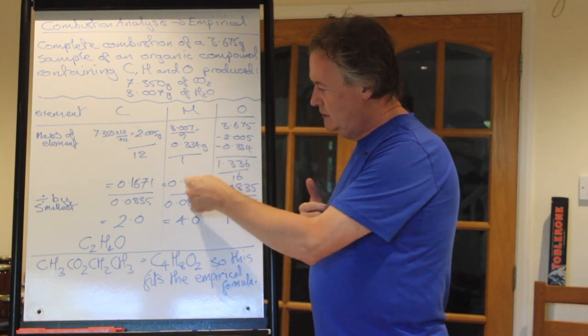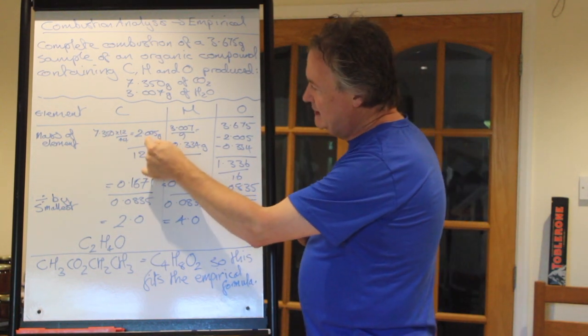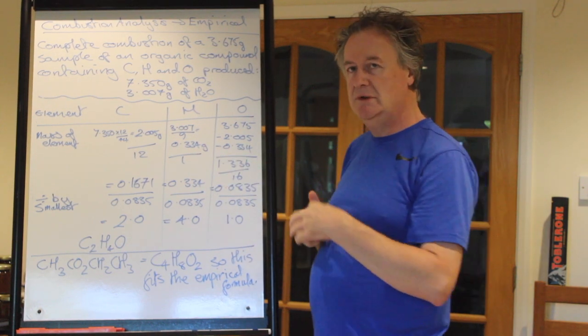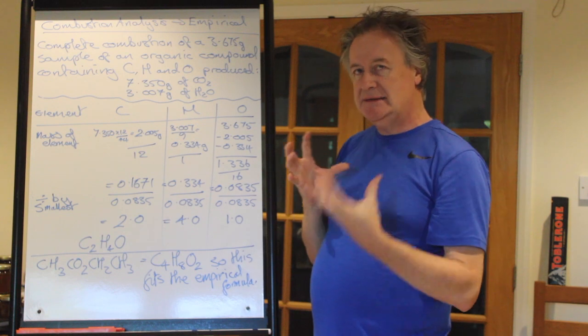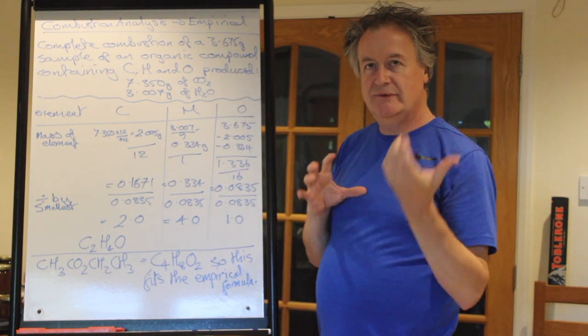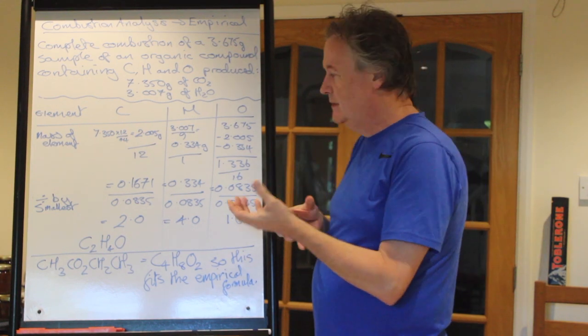which is 0.334, divide by 1 for the hydrogen, 0.334. To get the oxygen, what you do is you take this mass here, 2.005, and this mass, 0.334. So you take the mass of carbon and the mass of hydrogen, and as the mass of the actual substance, 3.675, is only made up of a number of grams of carbon, number of grams of hydrogen, number of grams of oxygen.